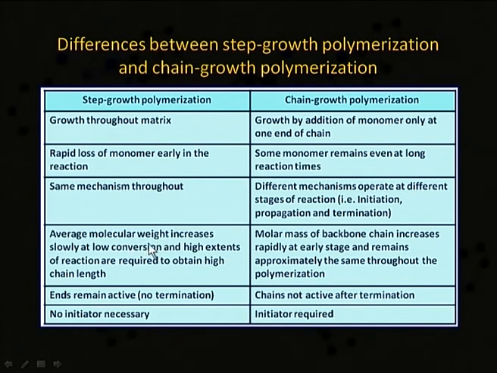The average molecular weight increases slowly at low conversion and high extents of reaction are required to obtain high chain length, whereas in chain growth polymerization the molar mass of the backbone chain increases rapidly at an early stage and remains approximately the same throughout the polymerization.